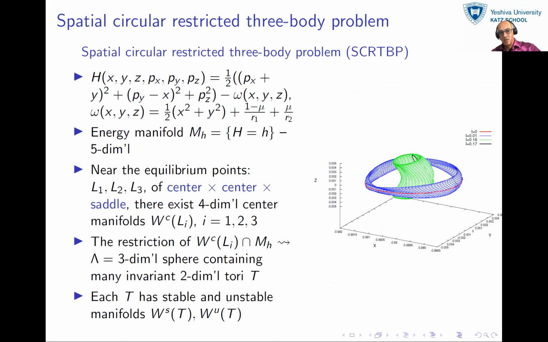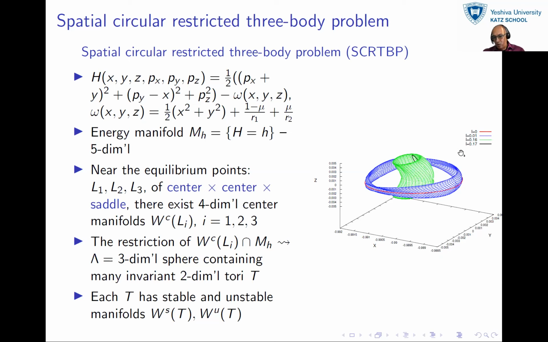So I'm just going to say that if you switch to a different model, which is called the spatial circular restrictive three-body problem, instead of considering that the motion of the spacecraft happens in the same plane as the Sun and the Earth, or the Earth and the Moon, you consider that the motion of the spacecraft can happen outside of this plane. So this is the spatial circular restrictive three-body problem. So this can be also described by a Hamiltonian. You also look for the equilibrium points, which are the same.